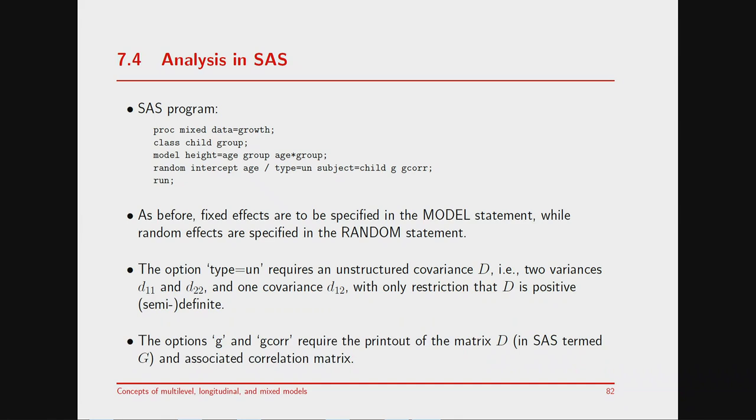Then the G and the G-correl options are just output options. You will see it in the output. If you don't add them here, the entries in the D matrix will just be listed in a small table.